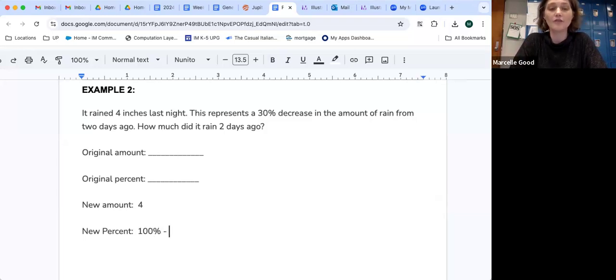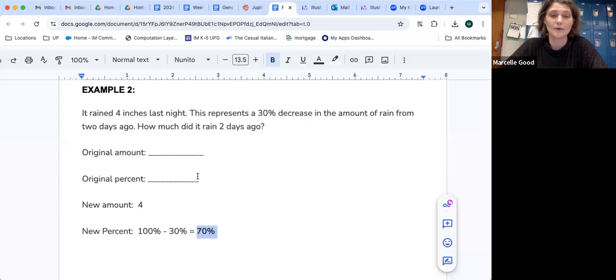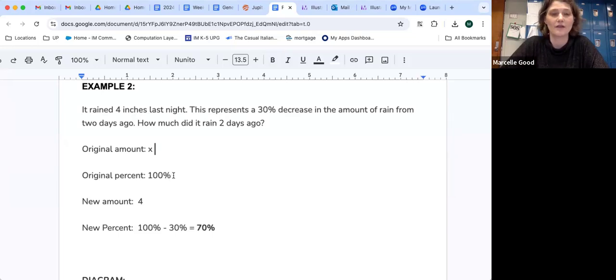That means 100% minus 30%, because we had the whole thing, however much the rain was before, then it decreased 30%. So the new percent is 70%. The original percent is 100%, and the original amount now is our unknown.